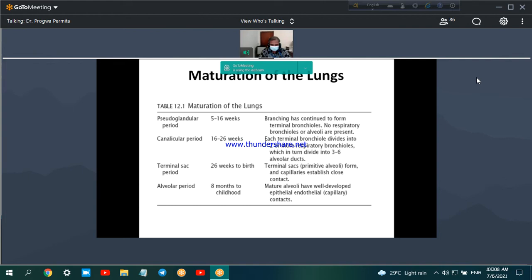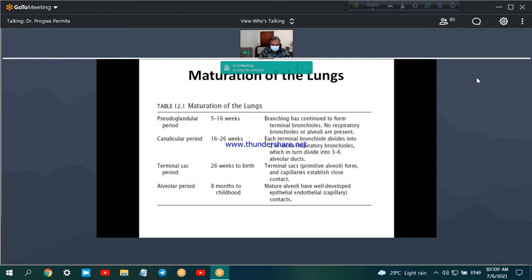So we can divide the developmental stages of human lungs into 4 to 5 periods: embryonic, pseudoglandular, canalicular, saccular or terminal sac, and alveolar period.